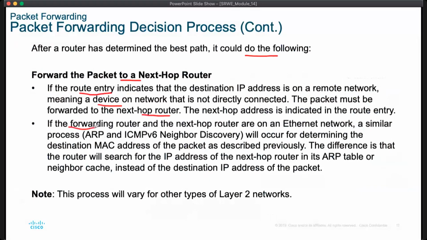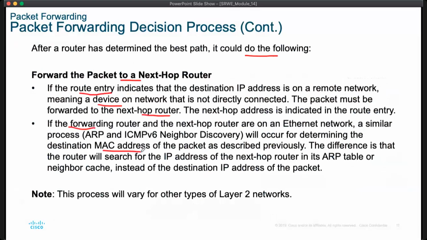If the forwarding router and the next hop router are on an Ethernet network, a similar process, ARP and ICMPv6 neighbor discovery, will occur for determining the destination MAC address of the packet as described previously.